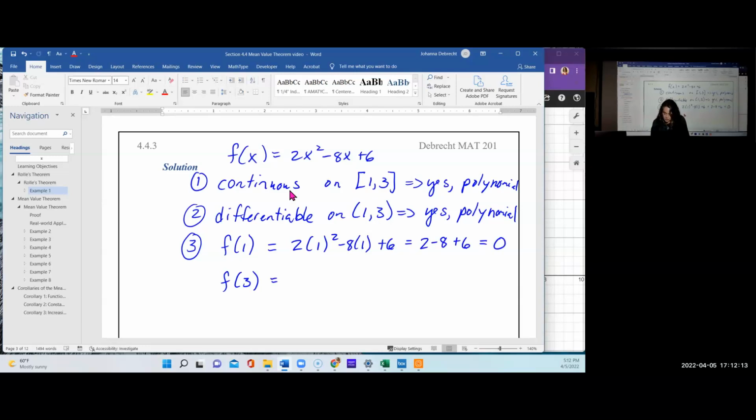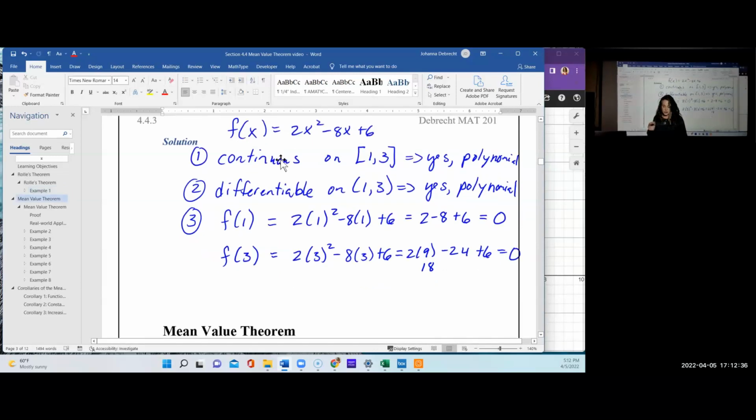Plugging in the value of 3, we get 2 times 3 squared minus 8 times 3 plus 6. This gives us 2 times 9, which is 18, minus 24 plus 6. Again, we end up with 0. So we find that the y values at the two endpoints are equal. So now we have that f of 1 is equal to f of 3. This meets condition 3.